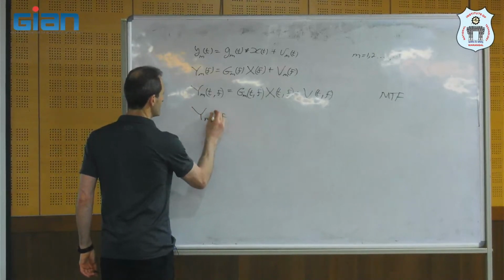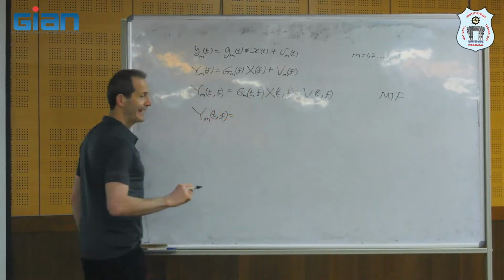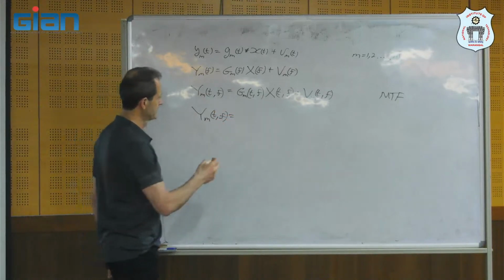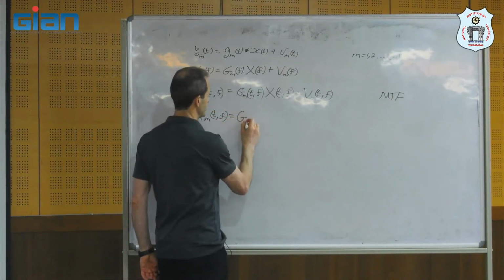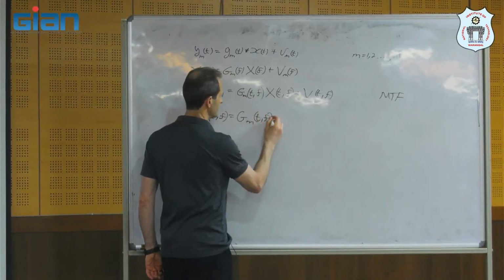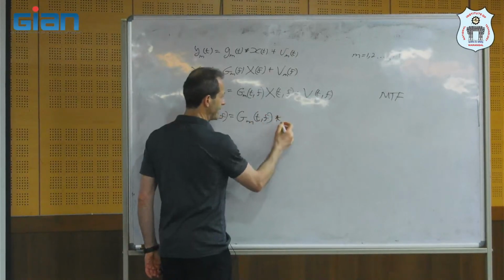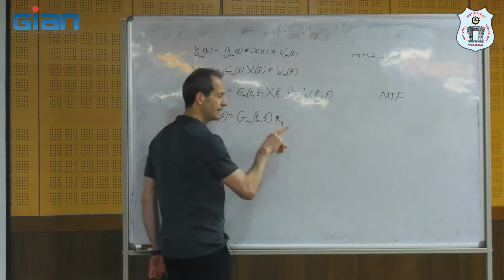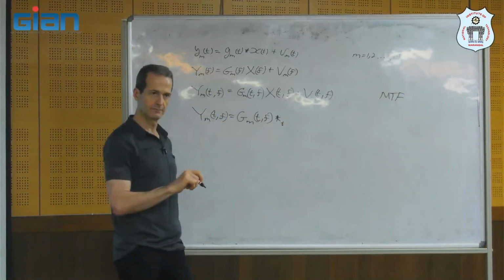Y_m(t,f) we can write as G_m(t,f) convolved with X(t,f) plus V_m(t,f), and here the convolution is just along the time. Okay?